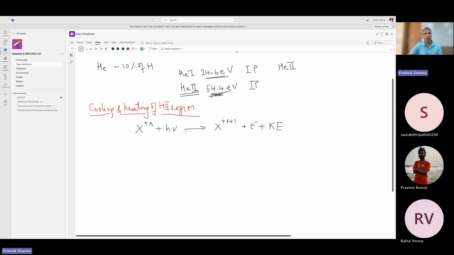The photon has more than the ionization potential energy of X plus R. It produces an electron, and that excess energy, h nu minus h nu naught, where h nu naught is the ionization potential, is essentially with the electron. The lower mass particle carries most of the energy in such reactions.